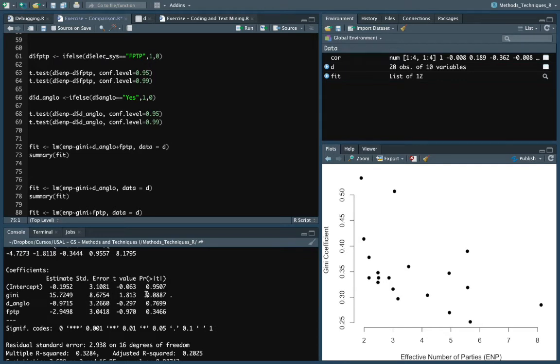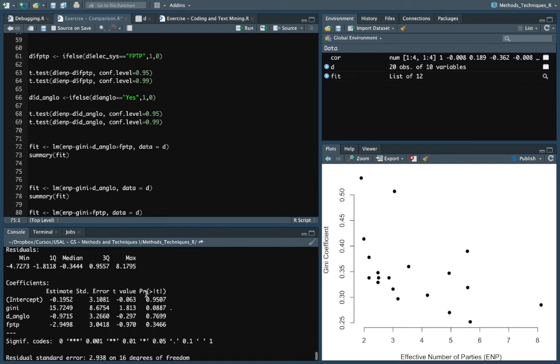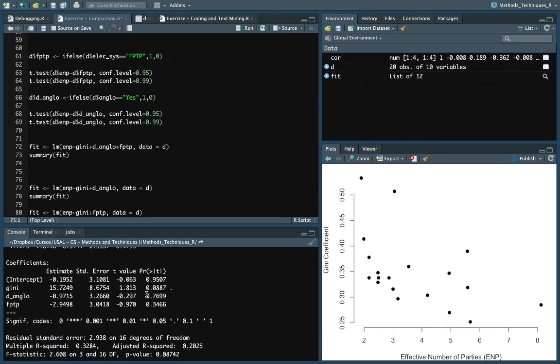So what we have here is the coefficient of the regression. We can see that no variable is significant. What this is telling us is, so just the Gini at 10%, at 90% of confidence.